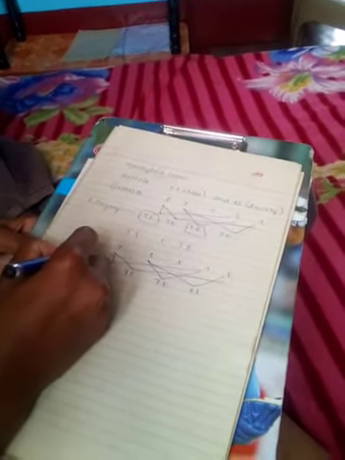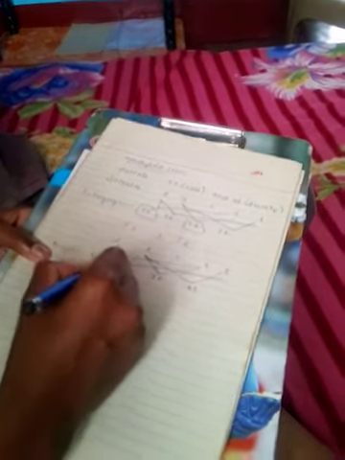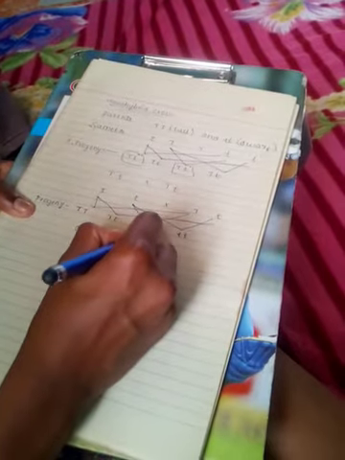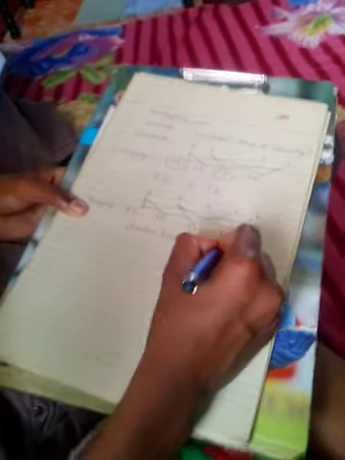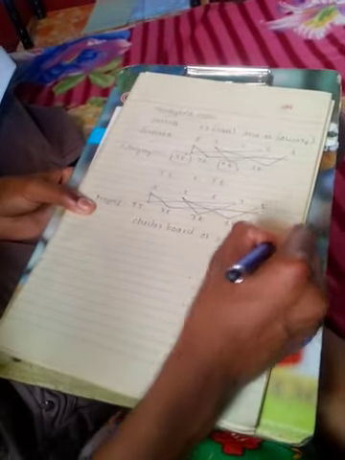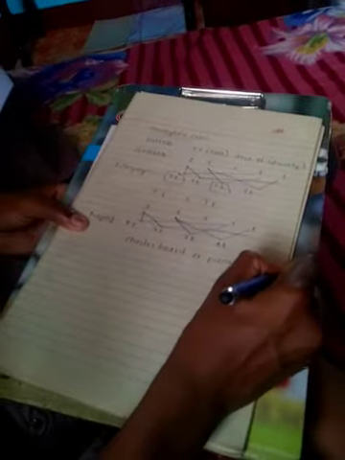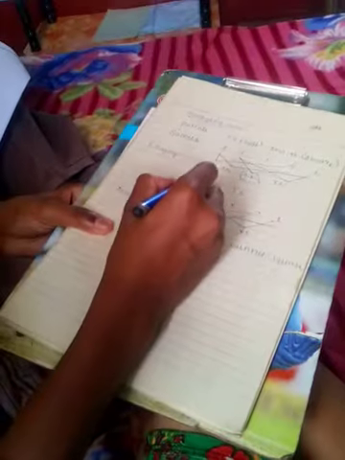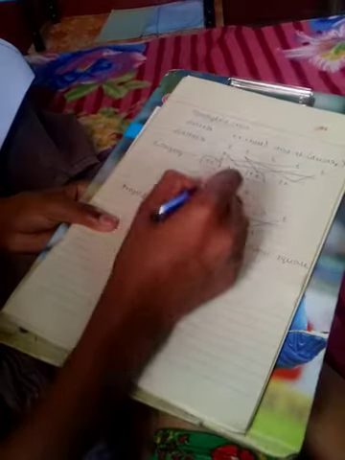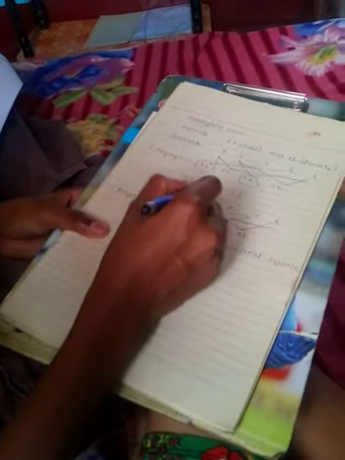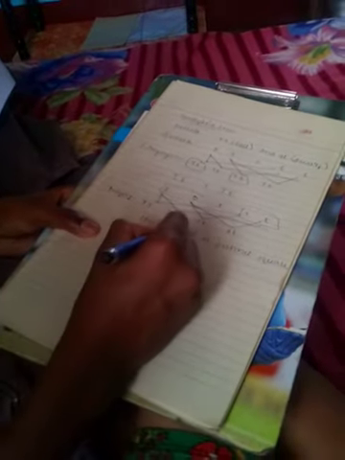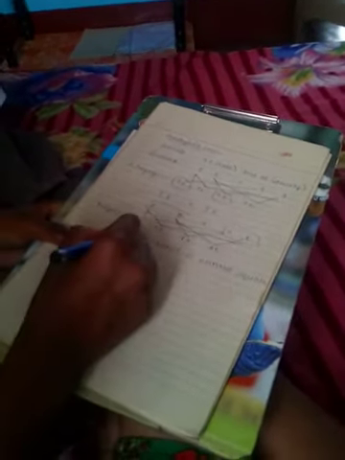So we can express this progeny by the checkerboard or Punnett square. So how to write this? T and t, T and t, there are two gametes while crossing. So you write T and t and the T and t.